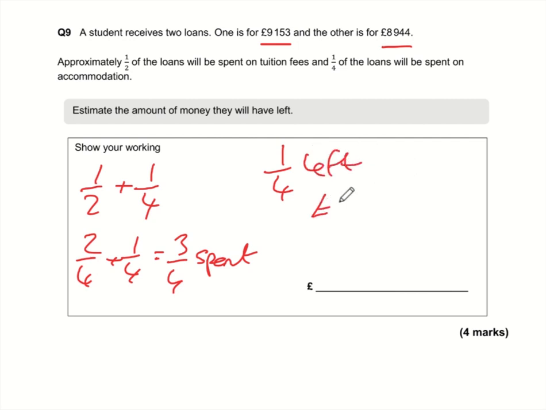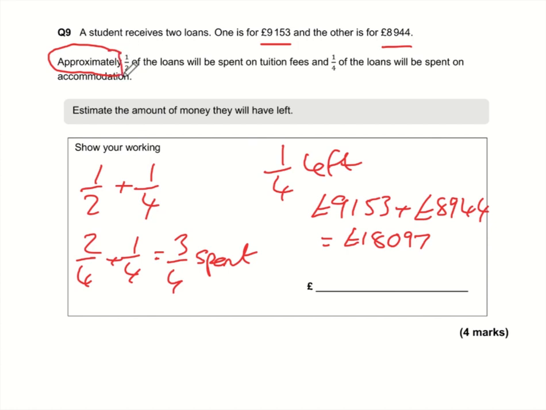So the total is 9,153 plus 8,944, and that comes to 18,097. Now it does say here approximately, so we're doing an approximation, even though we can use a calculator for this question and get it exact. So what I'm going to do, I'm just going to call that 18,000 divided by 4, and 18,000 divided by 4 is £4,500.